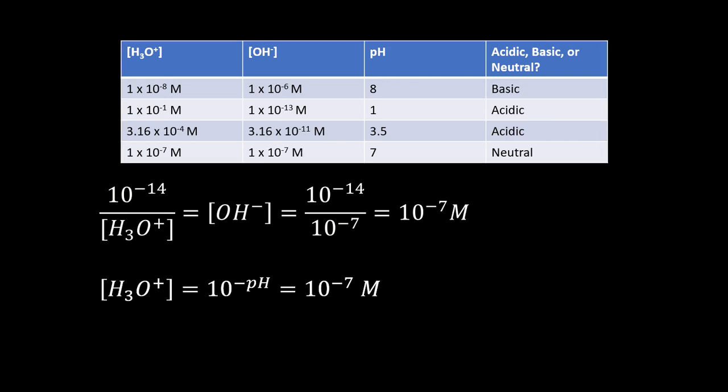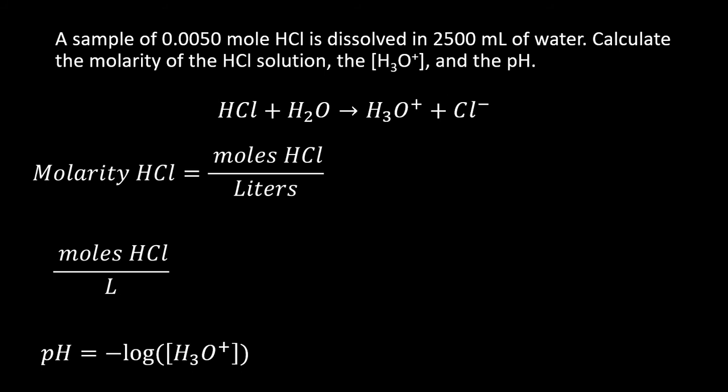So that last row was really just, if you're told you're working in a neutral solution, you can automatically assume that you're working with a pH of 7 and then go from there. Now, one thing that we should touch upon is essentially what actually is concentration.